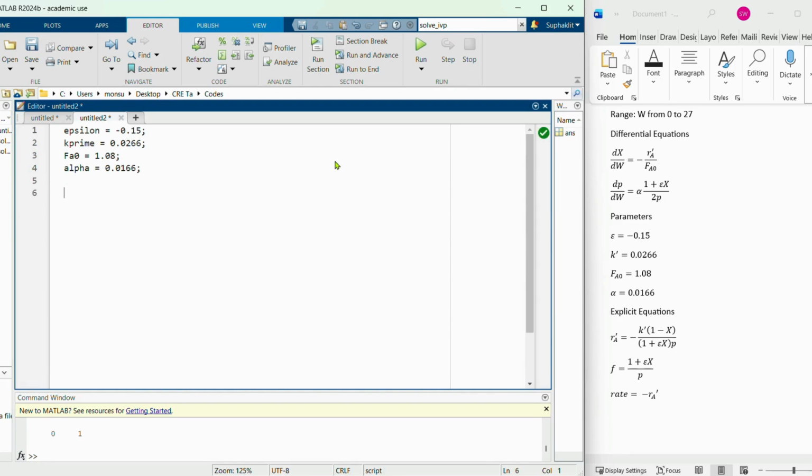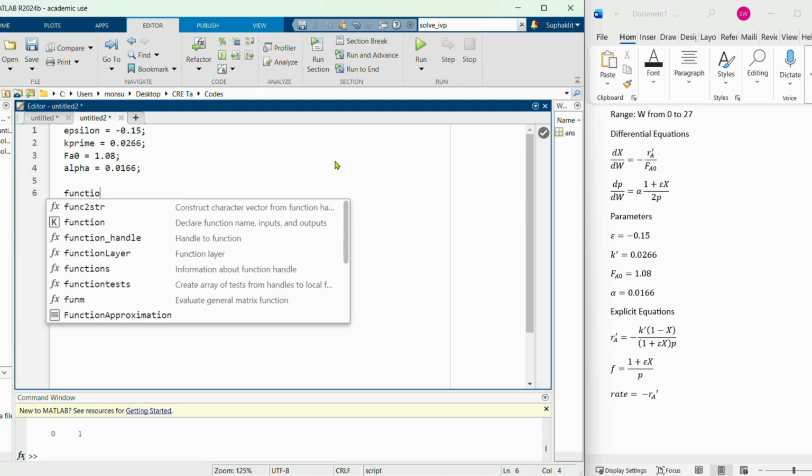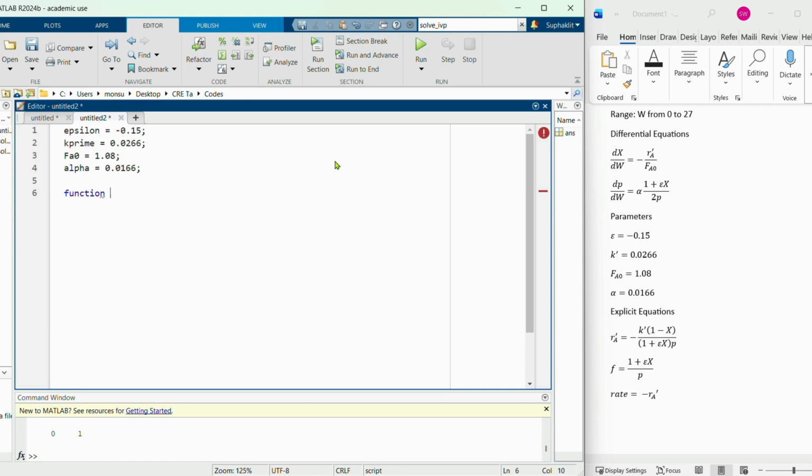Okay, so now that we have the parameters defined, I'm going to go ahead and define the differential equations. So first, I'm going to call a function of dy, dx, and I'm going to name this function myODEs. And since it's a function, we have to pass in our variables and parameters.